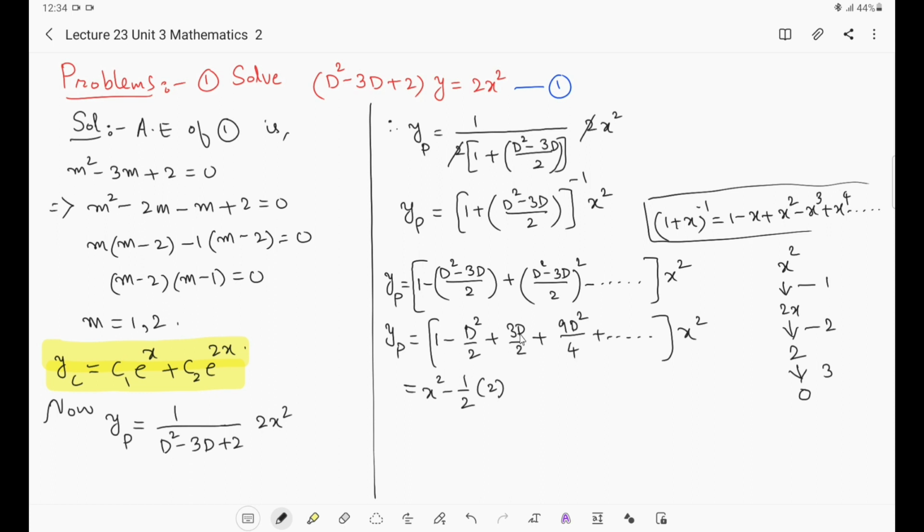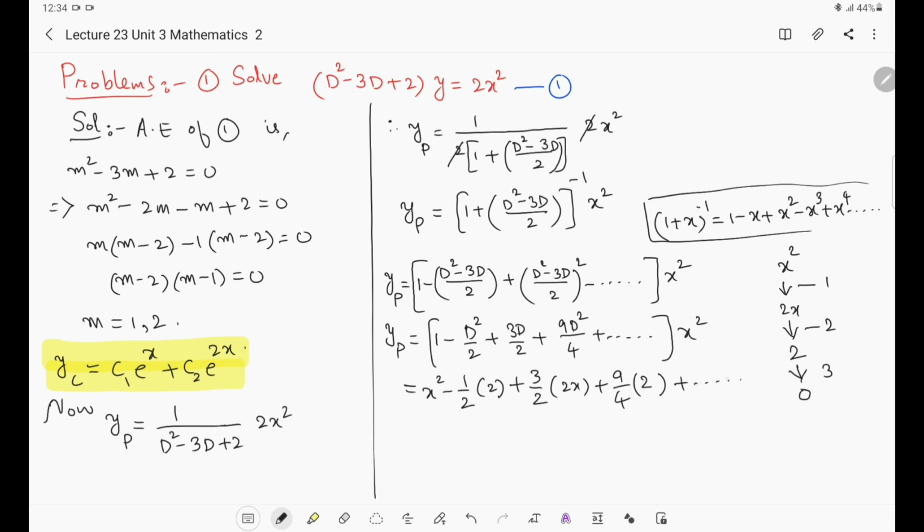Then next, 3 by 2 of the first derivative D of x square. The derivative of x square is 2x. Plus 9 by 4, again the second derivative of x square. The second derivative of x square is 2, right?